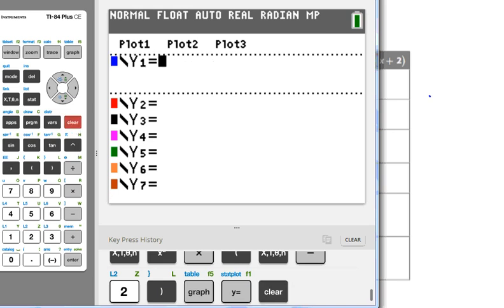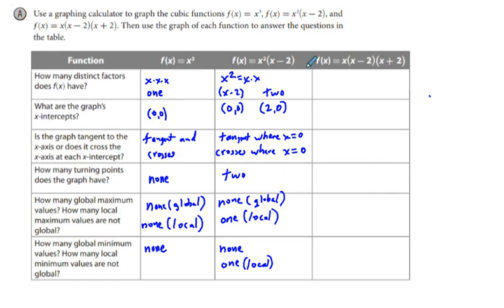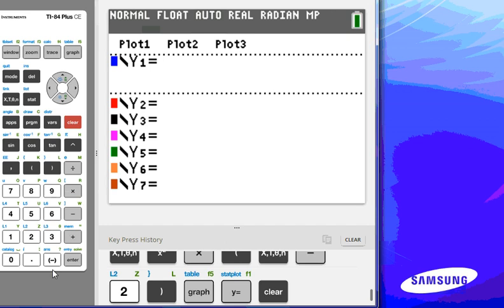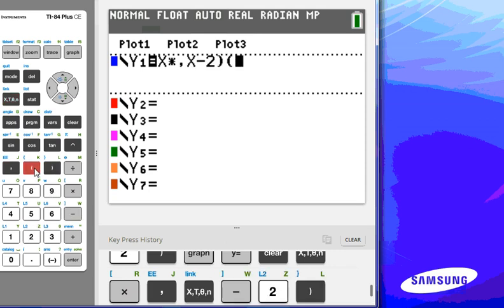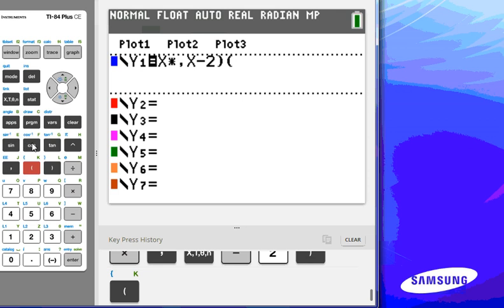I'm sure I remember that correctly. x minus 2, x plus 2. Oops. It's supposed to be in parentheses. There we go. x plus 2.